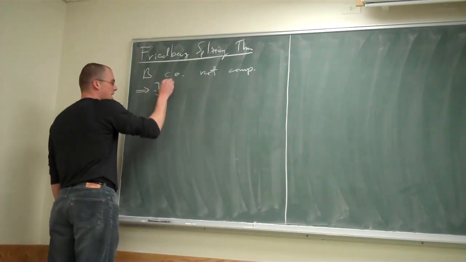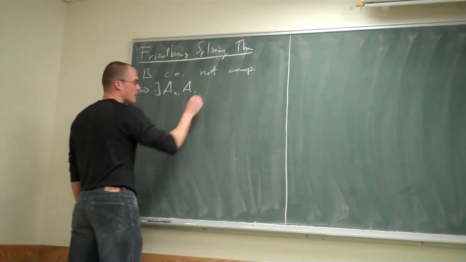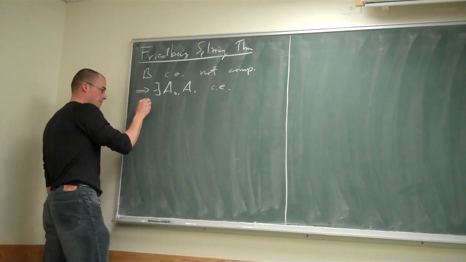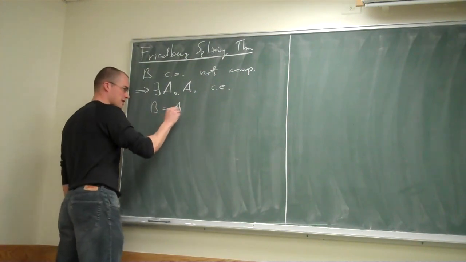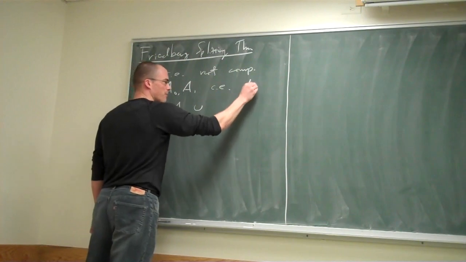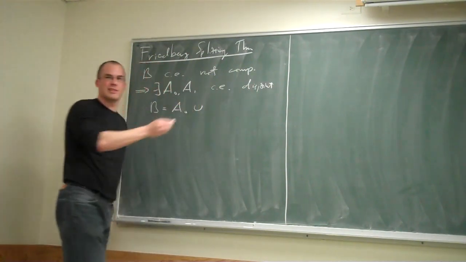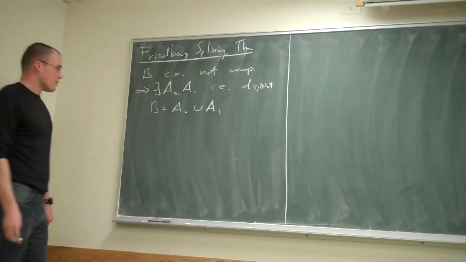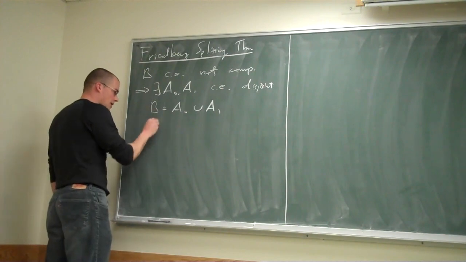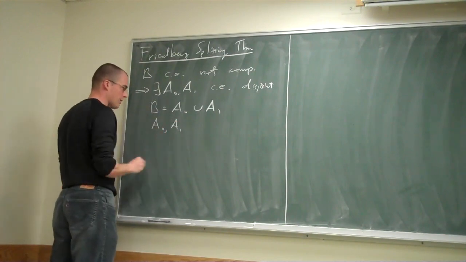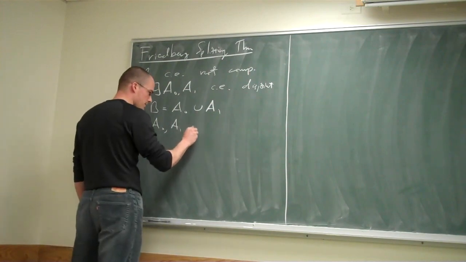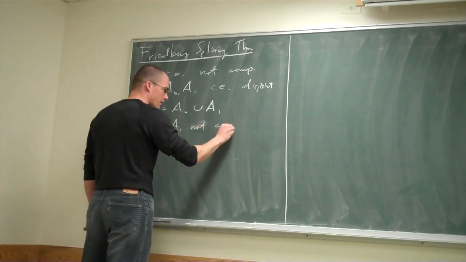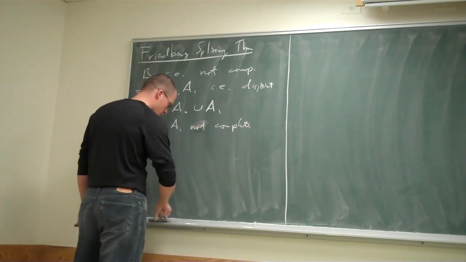So let's just say, then there exist A0 and A1 computably enumerable such that B is equal to A0, and disjoint. Without the disjointness, it's quite easy. B is equal to the union, and A0 and A1 are already said CE, not computable.